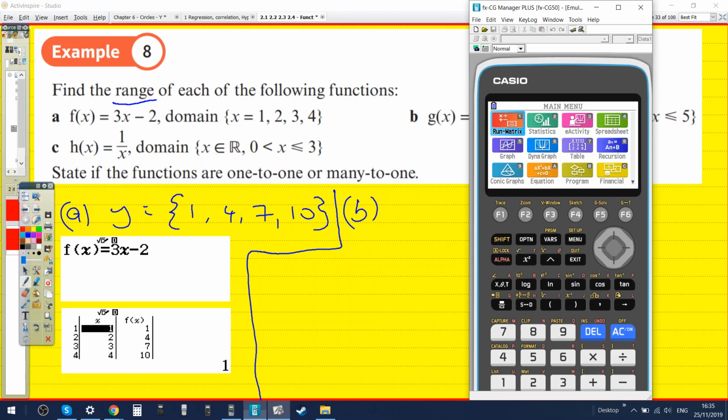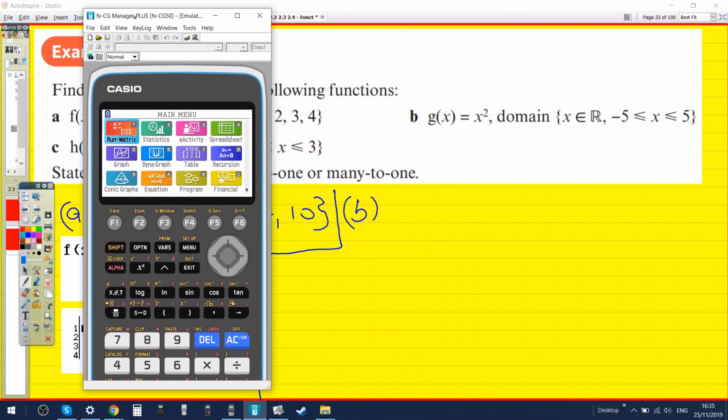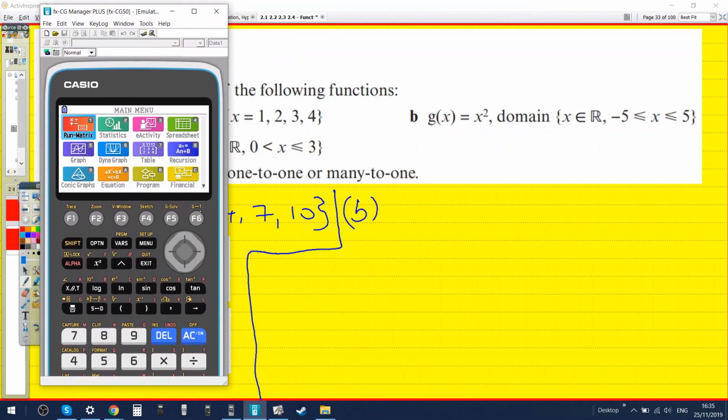Would we do it for all the x values between -5 and 5? Yeah.